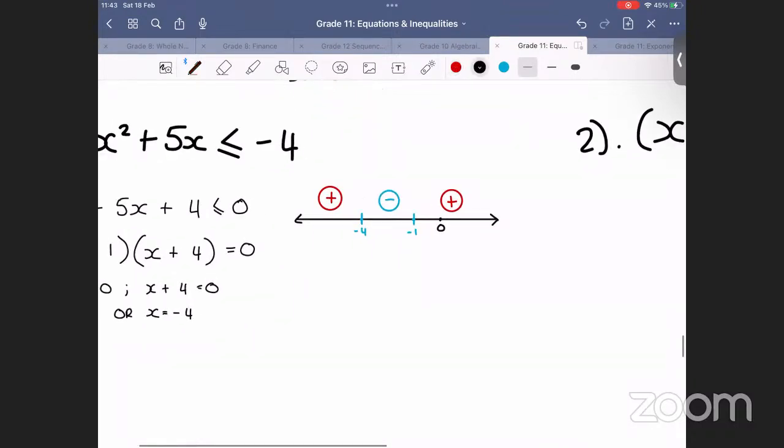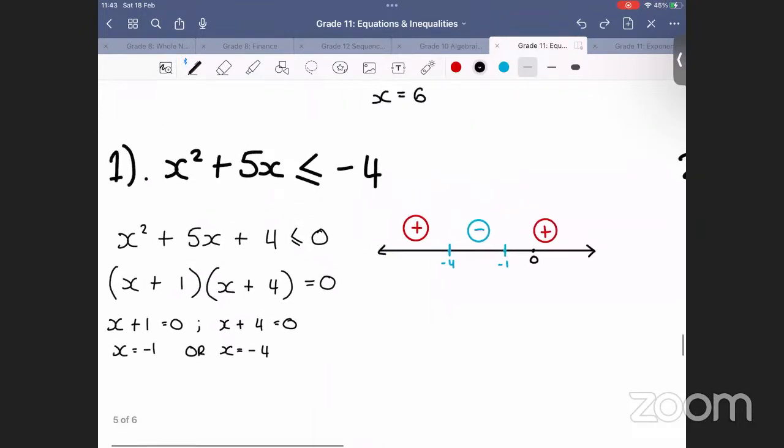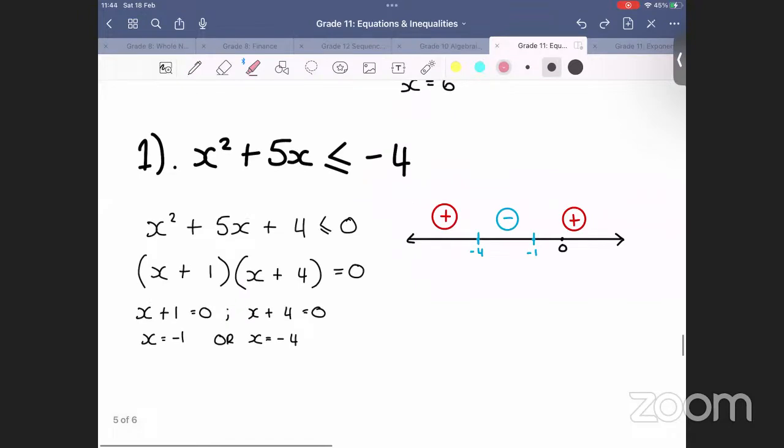Now I have identified the positive, the negative, and the positive. For my interval answer, which one do I choose? The question wants us to find the values of x where x squared plus 5x plus 4 is less than 0, so I will choose the negative one.